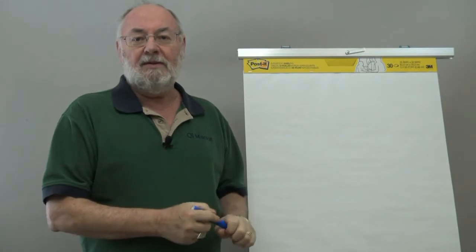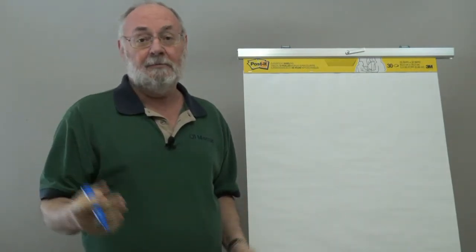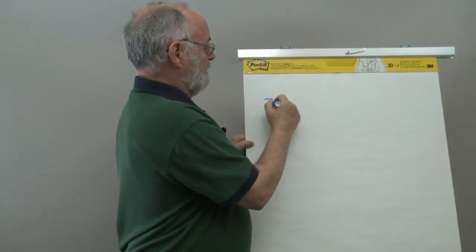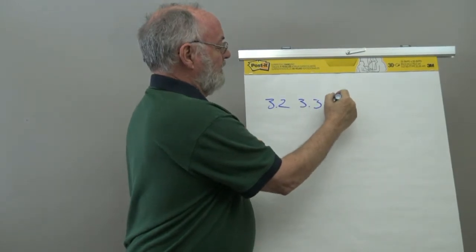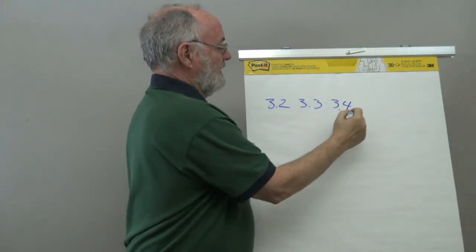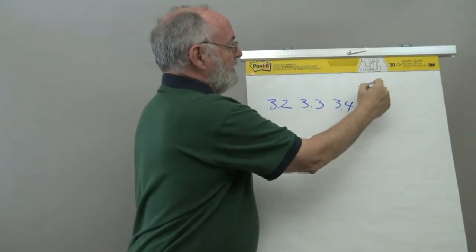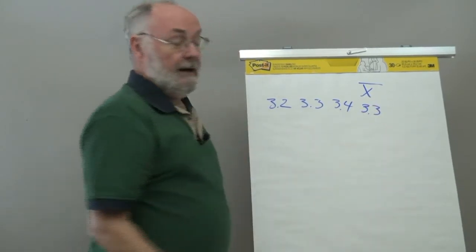If you know anything about calculating formulas for an X-bar R chart, you know that if you have some numbers in a subgroup, maybe 3.3 and 3.4, what you do is calculate the average of the x's for this subgroup. In this case, it would be 3.3.